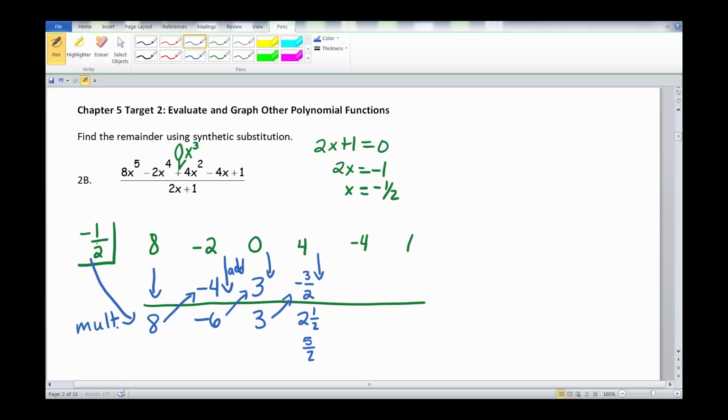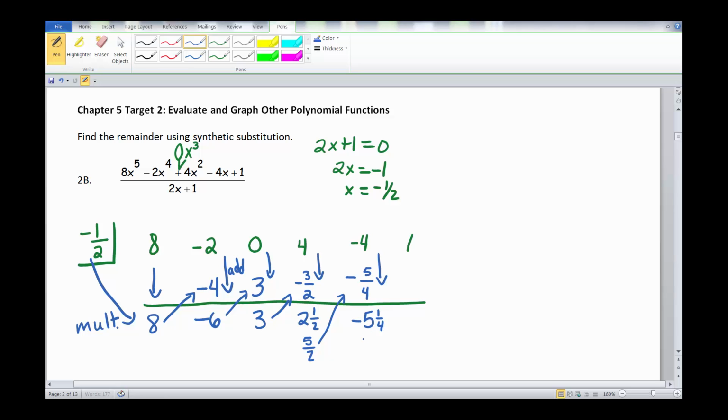Multiplying negative 1/2 times positive 5/2 would give us negative 5/4. Adding going down, looks like we'll have negative 5 1/4.